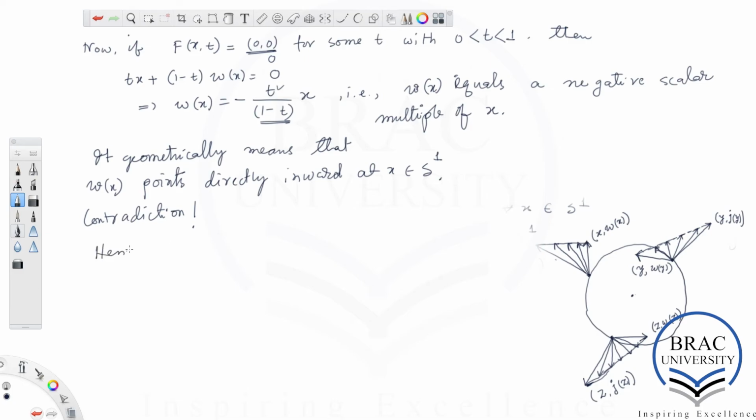Hence, f of x comma t is not equal to 0, 0 for all t in the closed unit interval. We first prove that this f is non-vanishing at the two endpoints of the unit interval. Later we prove that for the intermediate points as well, this f cannot be 0.